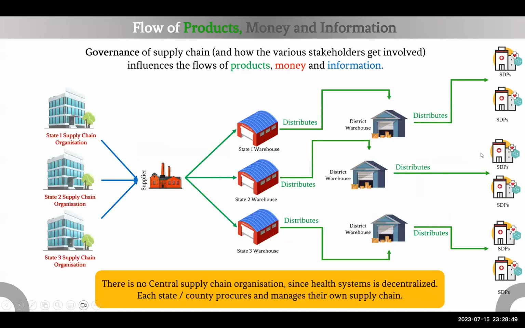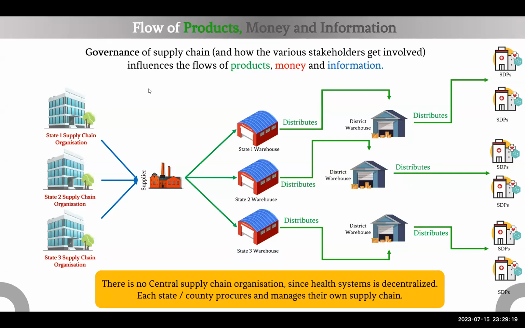Let's take another example here. This is a decentralized structure. Let's say it's something very similar to Nigeria as well. In this case, there is no single organization managing the supply chain of the country, but there are different states managing their own supply chain. There might be one single supplier, probably based in India or China or South Africa or Germany or USA.